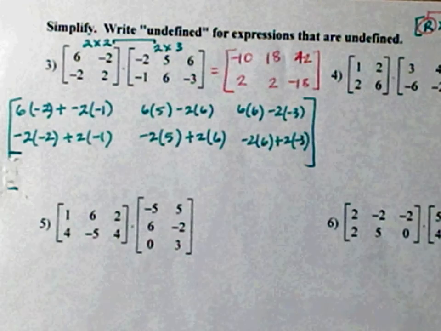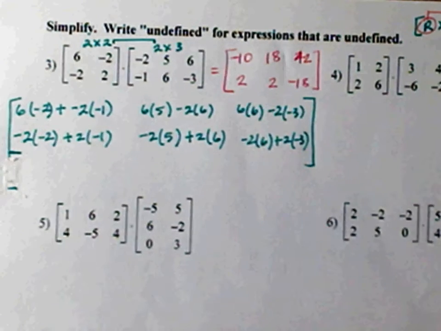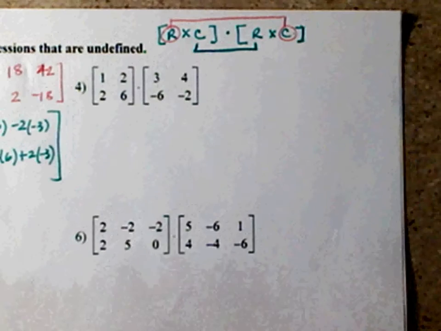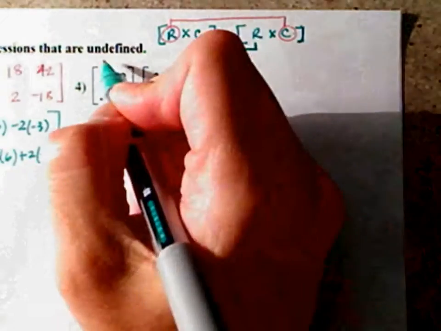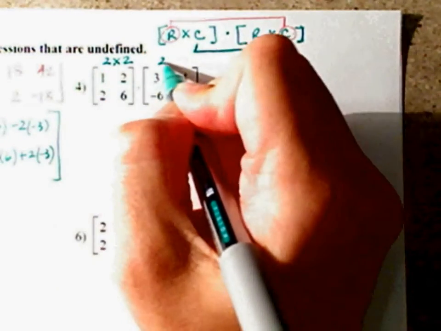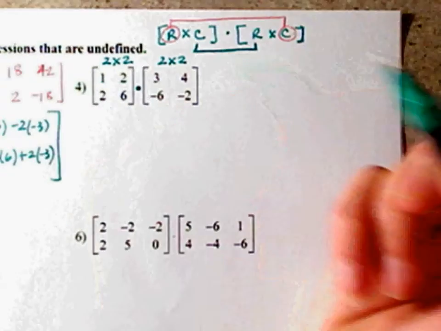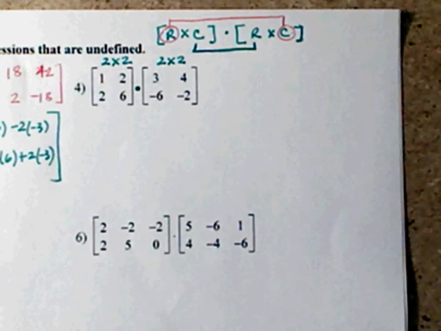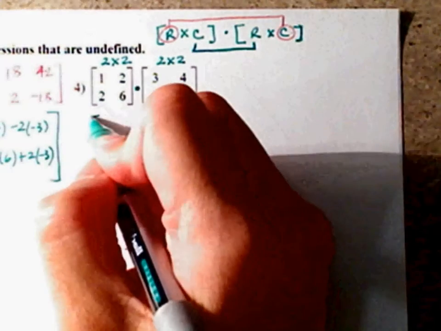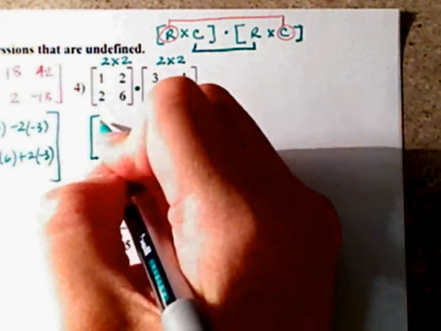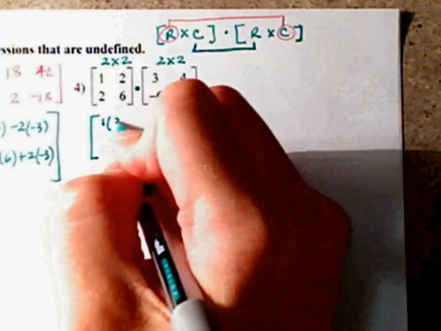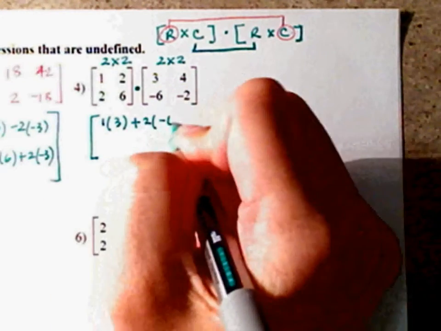Okay. There's number 3. Number 4. You have a 2 by 2 and you have a 2 by 2. So you are able to multiply. And how do you know? Because of that dot right there. All right, here we go. First row, first column. 1 times 3 plus 2 times negative 6.